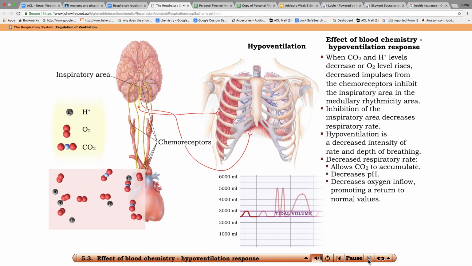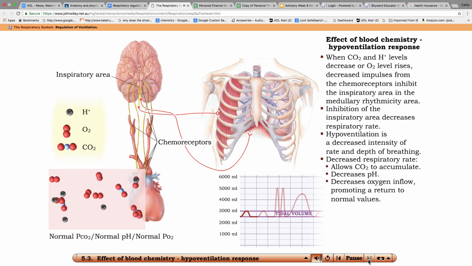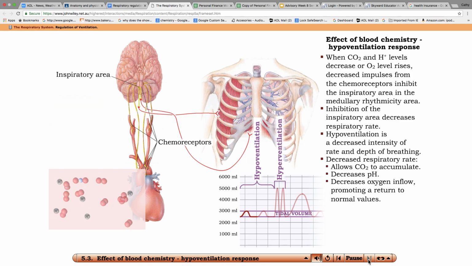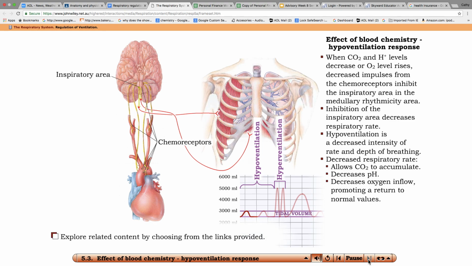If I start having CO2 levels decrease and oxygen levels increase because I'm hyperventilating, how can I stop that? Yes, why do I breathe into a bag? Breathing into a bag means I'm inhaling more what? Carbon dioxide. So if my carbon dioxide levels begin to rise, my respiratory rate will slow down, which also then decreases the amount of oxygen and allows CO2 to accumulate.